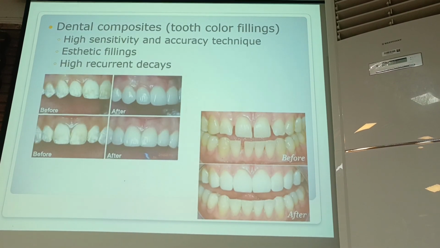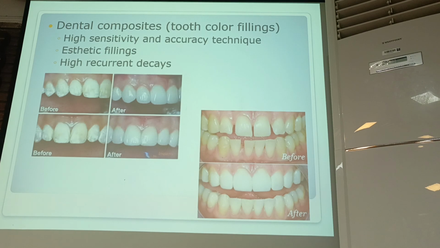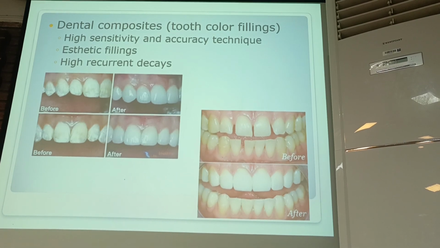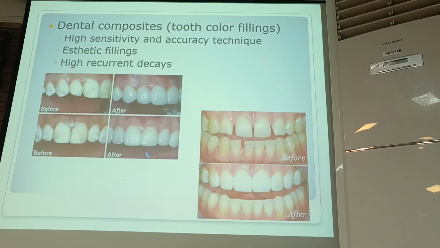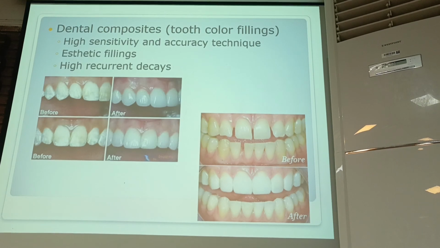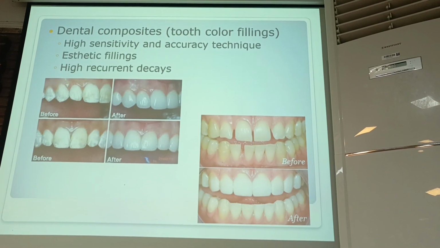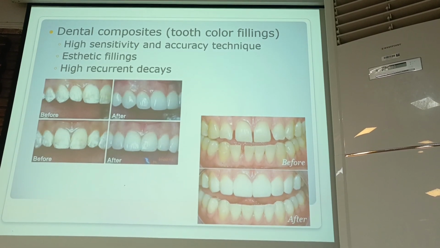And we have tooth colored materials. You can see here dental composites. They are resin. And they can be used especially for anterior teeth because of the aesthetic characteristics. And the advantage is the tooth colored appearance, and the disadvantages are in two main areas.